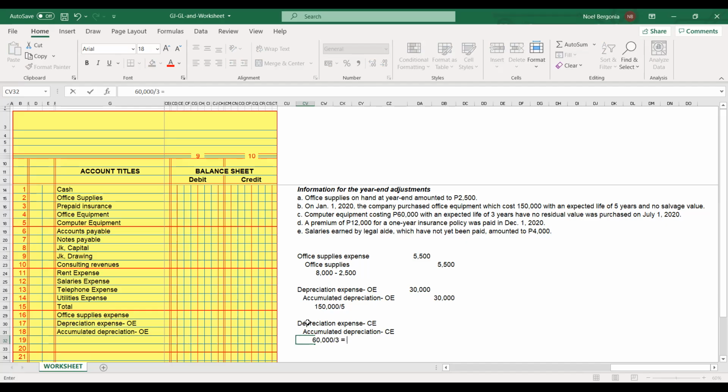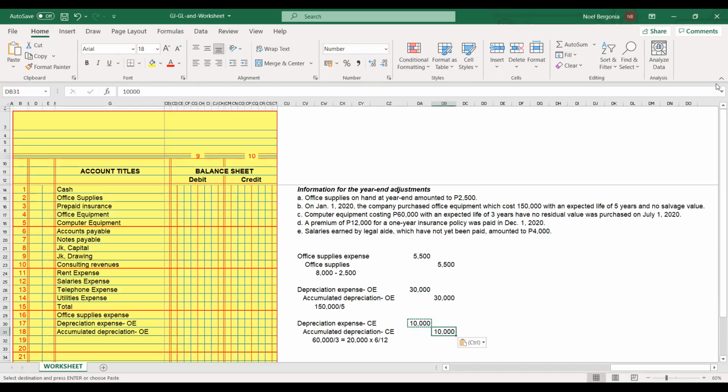So if this is annually supposed to be 20,000 ang kanyang depreciation. Pero since July nga lang siya binili, so times 6/12 kasi it's only good for 6 months. So our depreciation expense would be amounting to 10,000 only. Okay, so debit depreciation expense, CE 10,000 pesos, and credit accumulated depreciation CE 10,000 pesos.